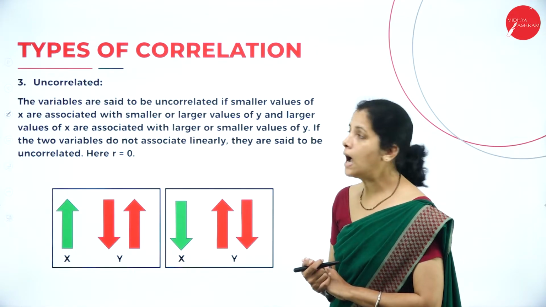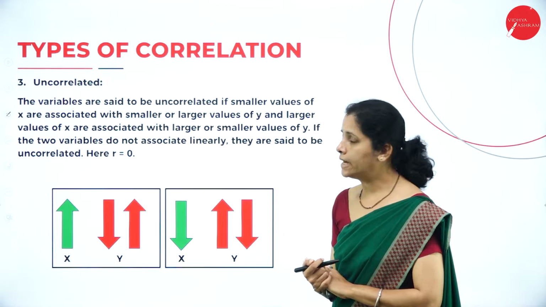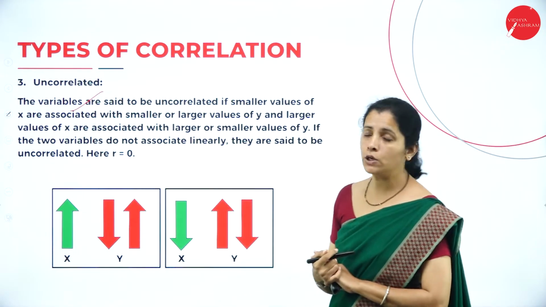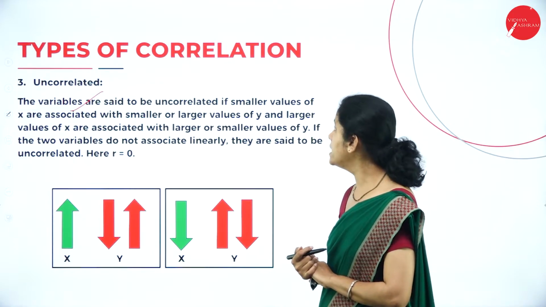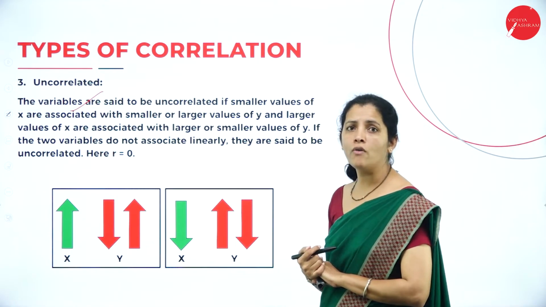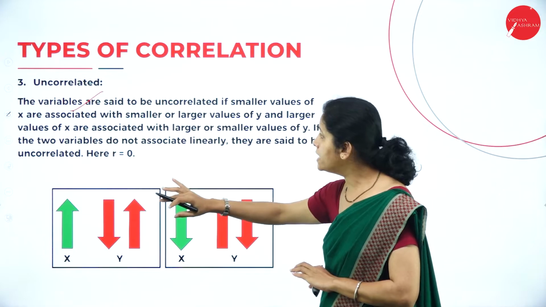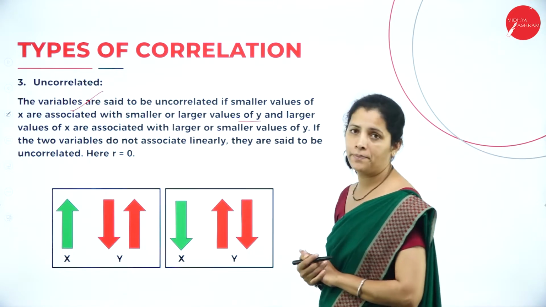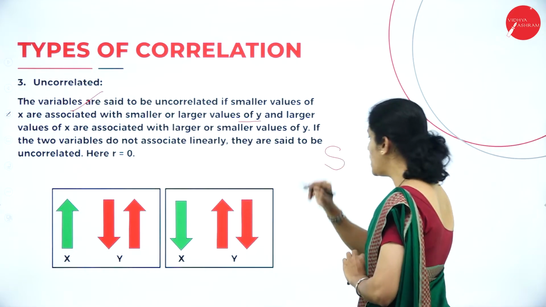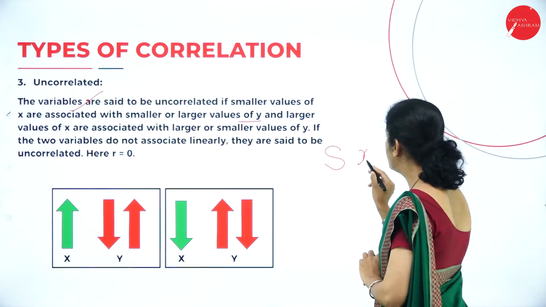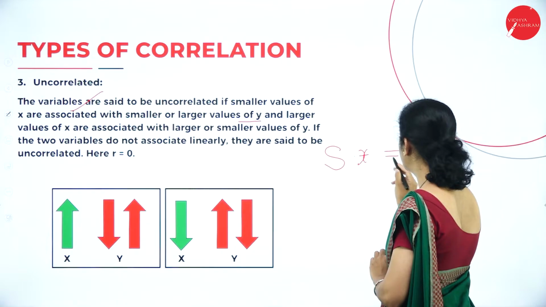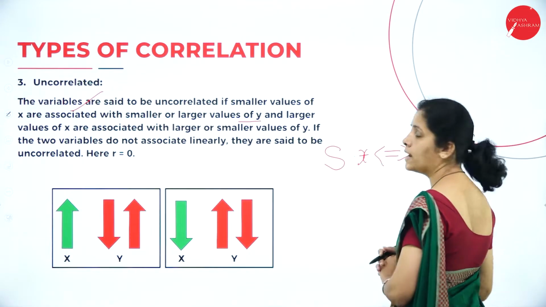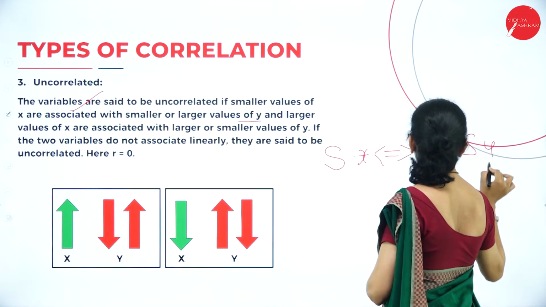Now I'm going to have uncorrelated. Here the variables are said to be uncorrelated if smaller values of x are associated with larger or smaller values of y.